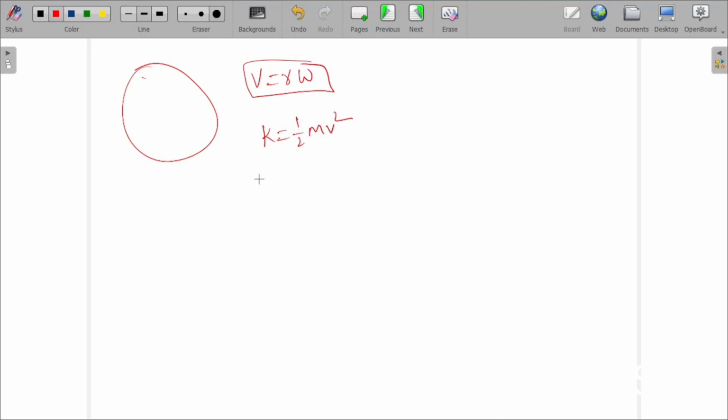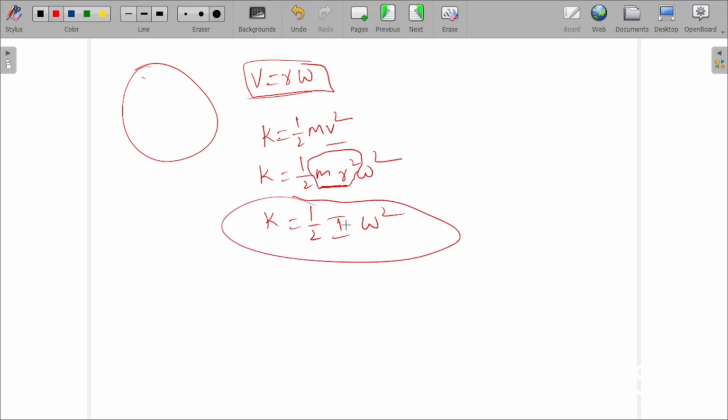When it is in rotational motion, the kinetic energy is ½m, with v equal to rω, so it is ½mr²ω². Here mr² is nothing but I. So I is called the moment of inertia, which is mr². So I = mr². Got it.